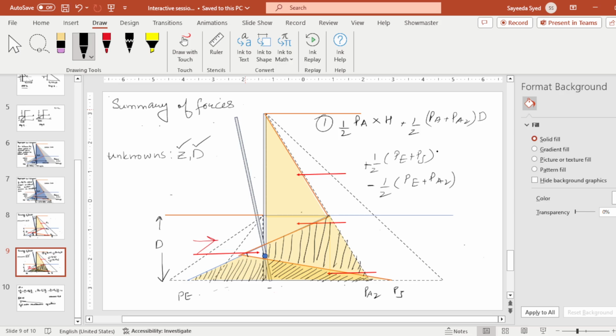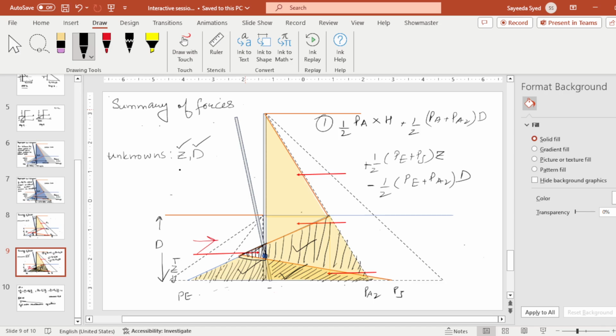And now you see our unknowns are D and Z, and this is one equation. And the same thing we can do for summation M, we can equate it to 0. We will have two simultaneous equations.